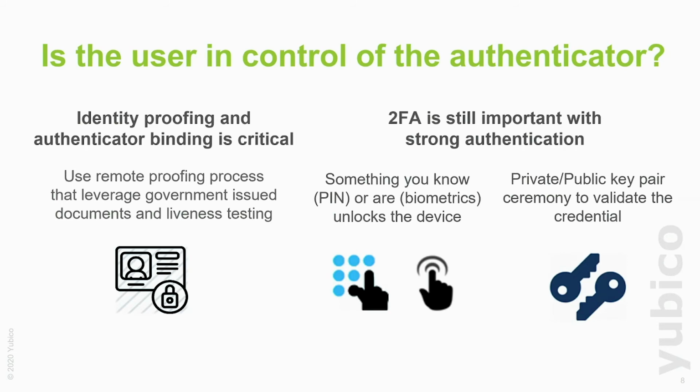One thing that is also really important, beyond ensuring you know what the endpoint is, is ensuring who is using that endpoint. If you have strong authentication that does a cryptographic proof of authentication, how do you know who's using it? One of the primary ways, especially in a remote world, is identity proofing. You can't really just ensure these days that the person you're giving the YubiKey or security key to is easily recognizable, because they might not be able to come into the office and show their birth certificate or driver's license.